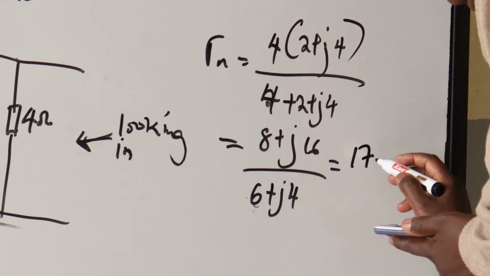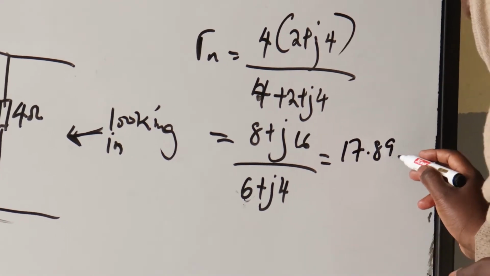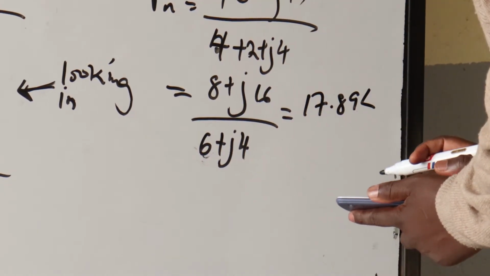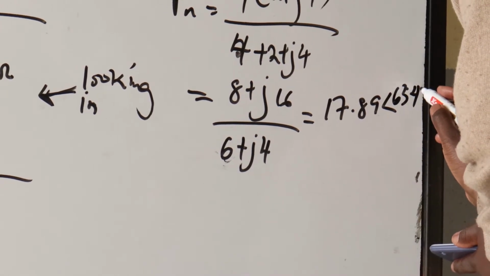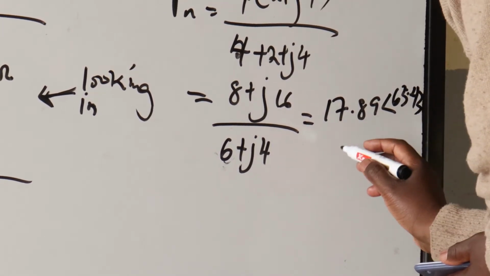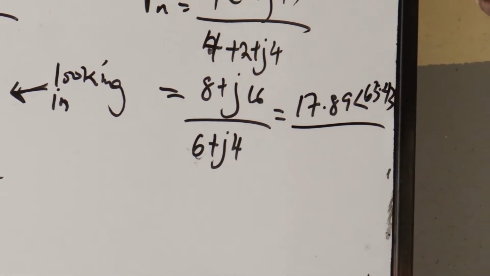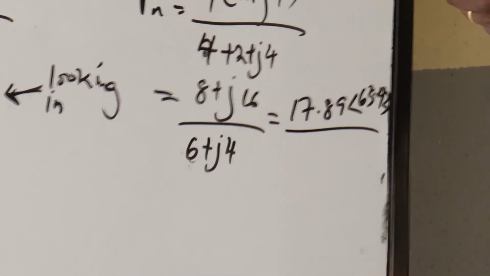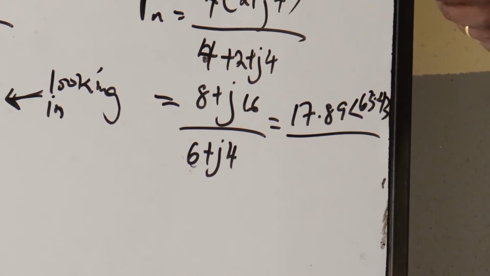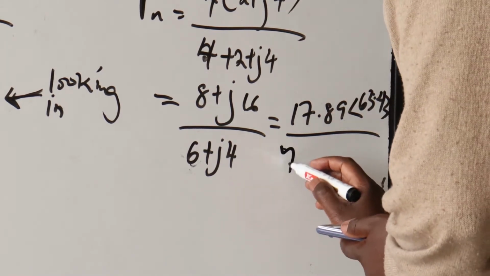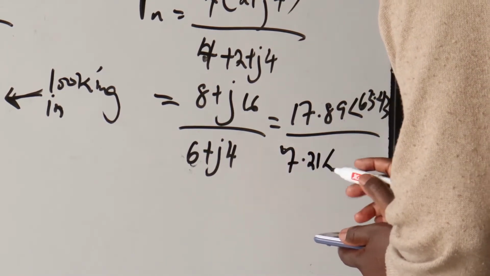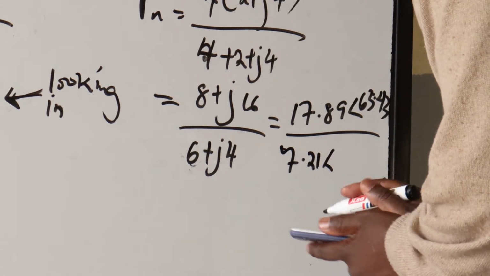This comes to 17.89, the angle is 63.43, over 6 plus J4. 6, the angle J4, we shall have here 7.21, and the angle here is 33.69.